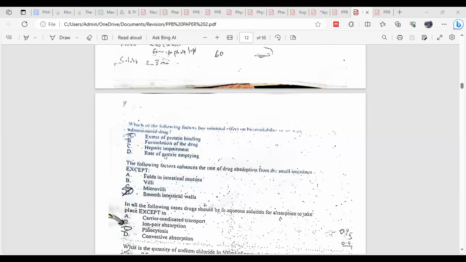And even the question may acknowledge all of them are effects, but which one is minimal? And that hepatic impairment. It would cause, because what if your drug passes through and has to be metabolized by those enzymes.